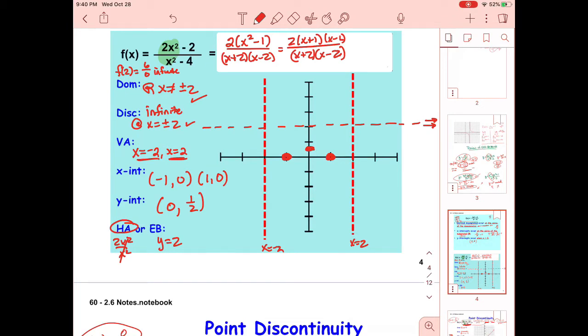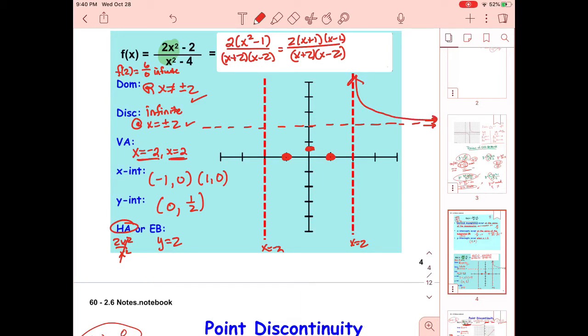Easiest thing to do, just plug in a number past the vertical asymptote, and that would be like a 3. If you plug in a 3, you're going to get 3 squared is 9 times 2 is 18, minus 2 is 16. That's positive. Down here, 3 squared is 9, minus 4 is 5. That's positive. So a positive divided by a positive is positive.